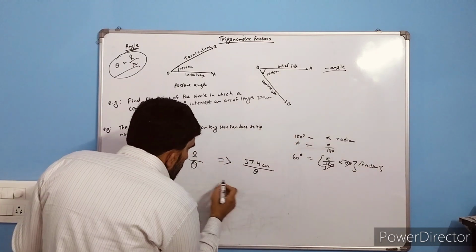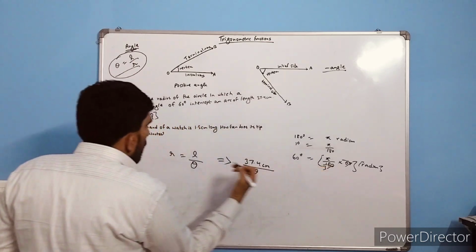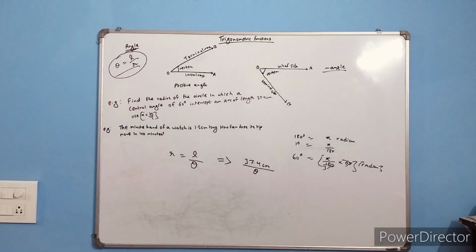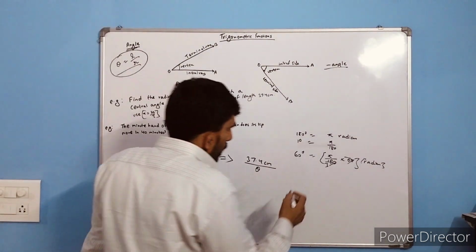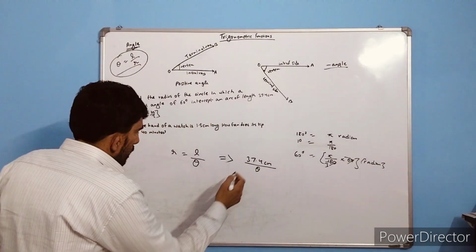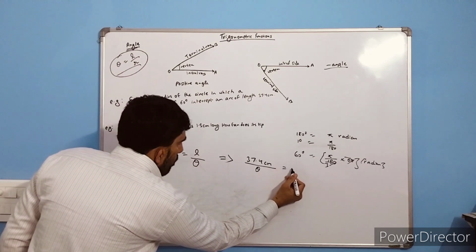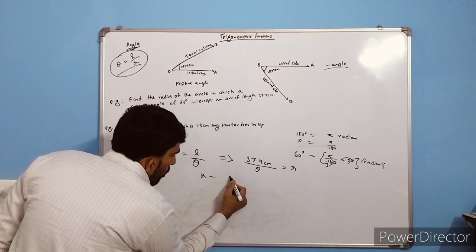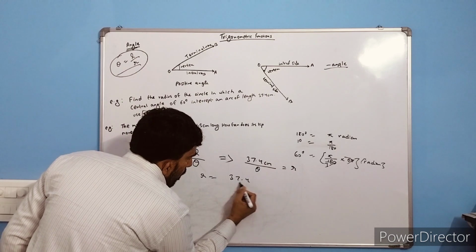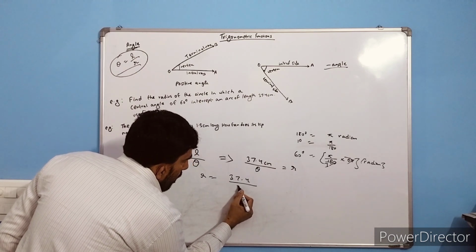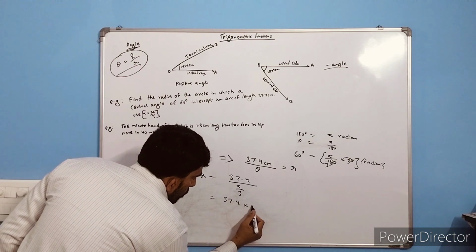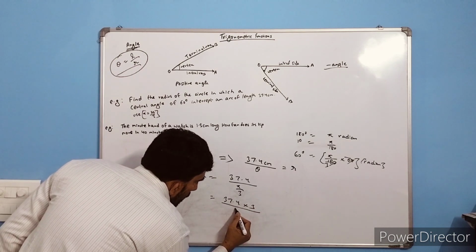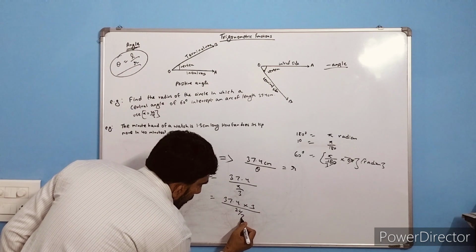So theta is pi upon 3, and I will apply it here. Now see how we write this value. Using this, R is equal to 37.4 upon theta, where theta is pi upon 3. So 37.4 into 3 upon 22 upon 7.